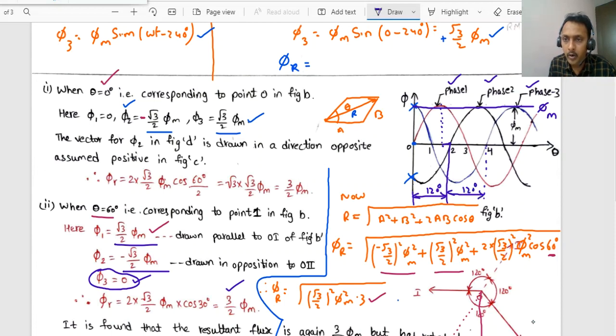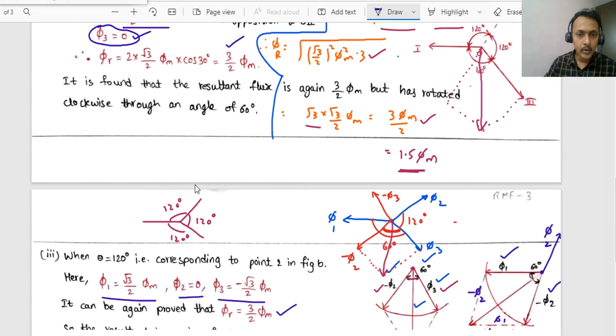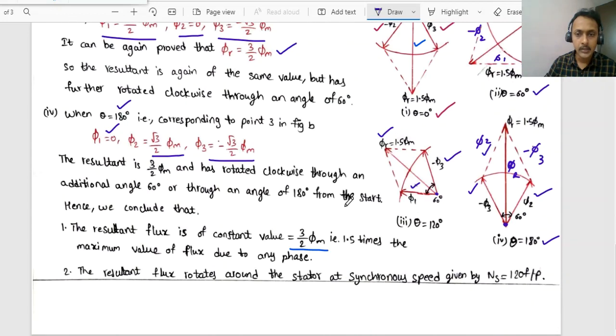Like this we have to draw the waveforms displaced by 120 degrees, right? So here the resultant value of the flux is 3 by 2 phi m, that is 1.5 times the maximum value of the flux, and this flux rotates round the stator at synchronous speed, that is Ns equals 120 f by P.